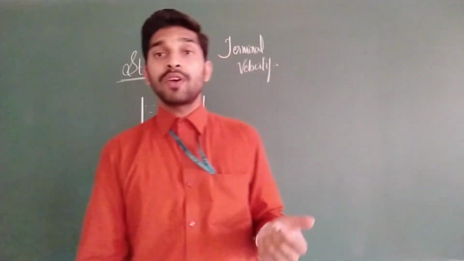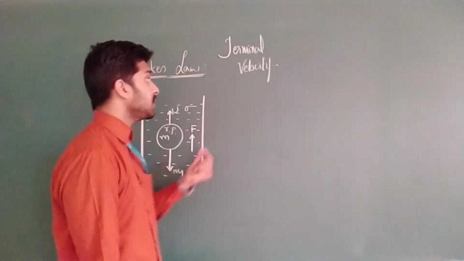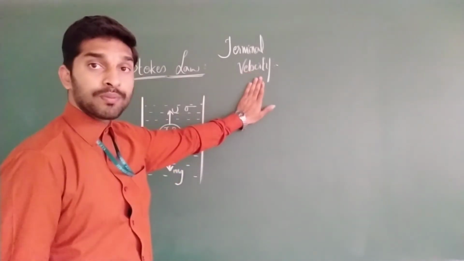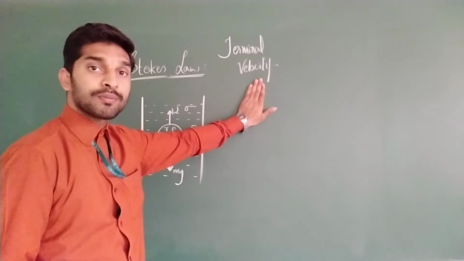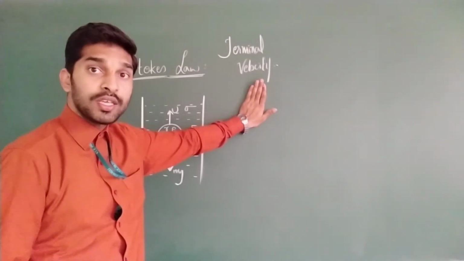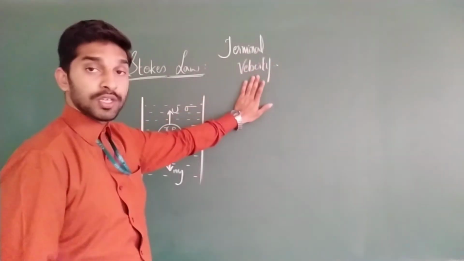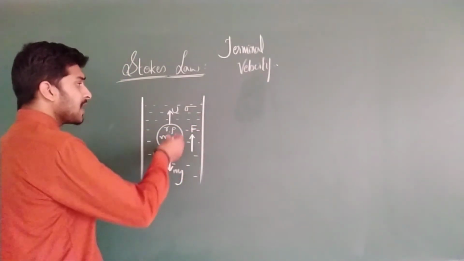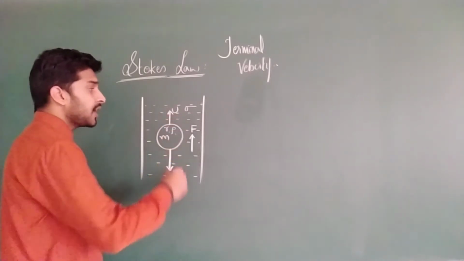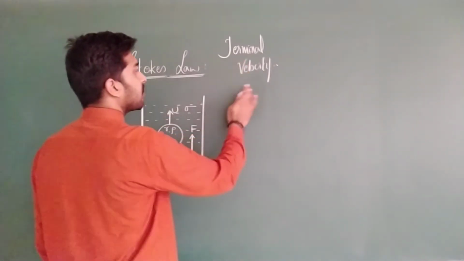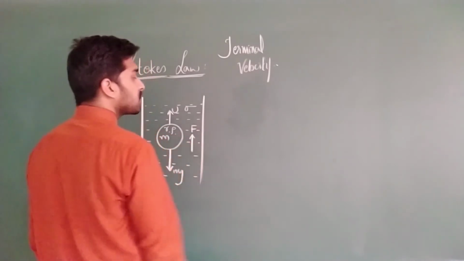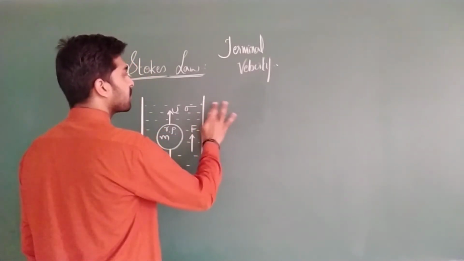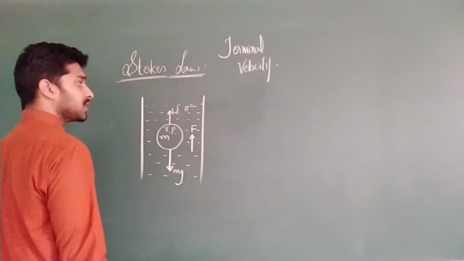So the constant velocity acquired by the sphere when it is moving in a fluid column, or any liquid column, is named terminal velocity. Clear? So as soon as it starts moving with terminal velocity, the forces will be matched.